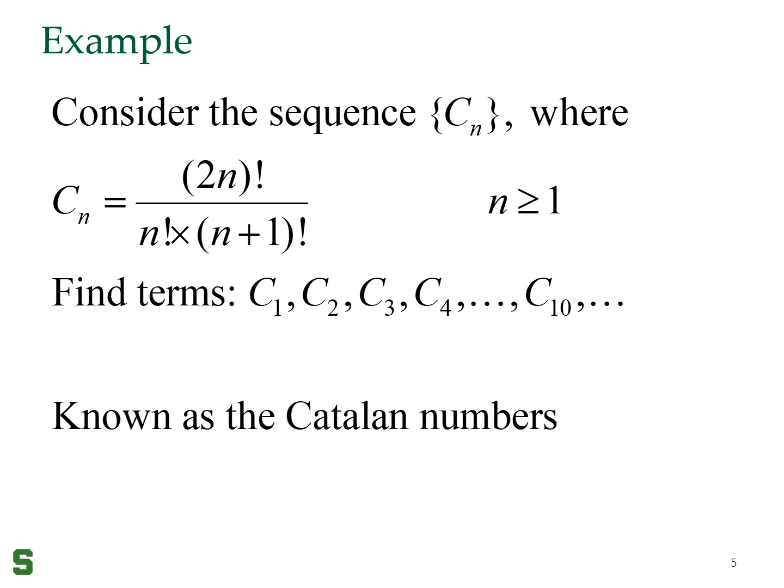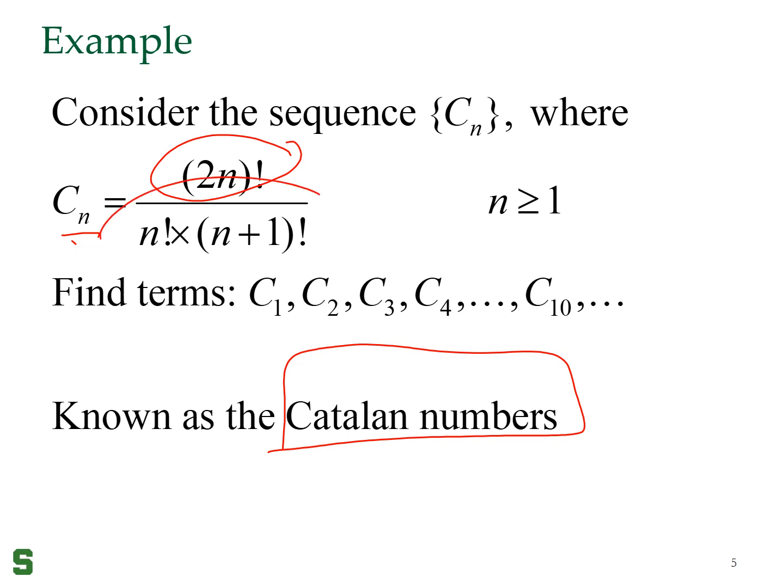Let's look at this sequence. This is a special kind of sequence for mathematics known as Catalan numbers, and it is defined as the nth Catalan number, where n is greater than or equal to 1, is 2n factorial divided by n factorial times n plus 1 factorial.